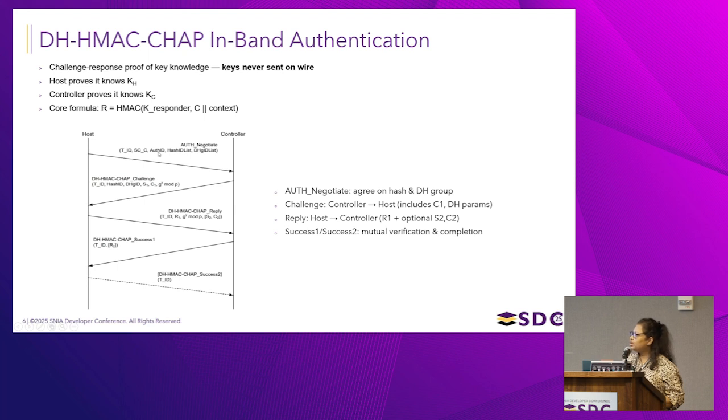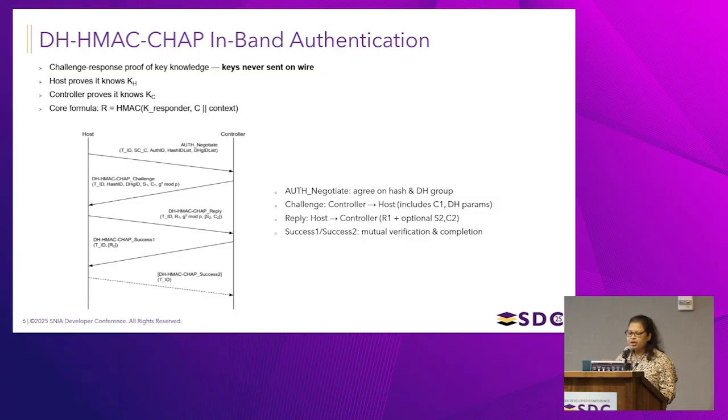If tomorrow a new mechanism is added, then it'll have variants. Currently it is DH-HMAC-CHAP, and it will also share the list of hash IDs that it has, which the target or the controller can choose from, and the DH group ID list also. So all these parameters are basically negotiated before the entire challenge response protocol is done.